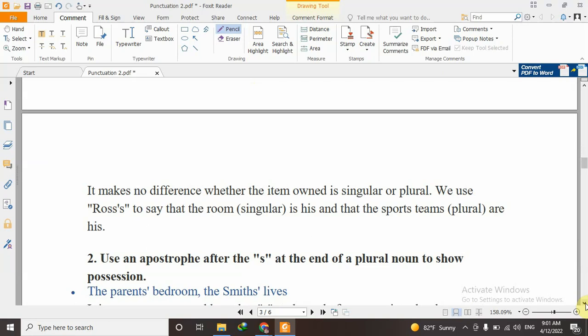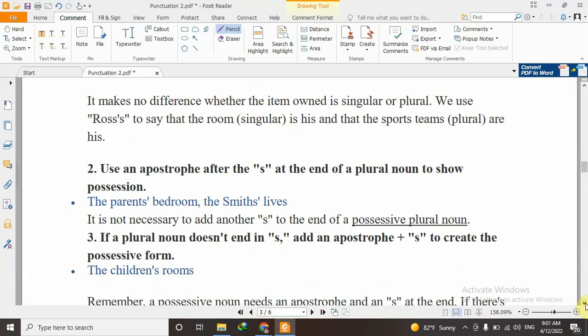Now the second rule is that we use an apostrophe after the s at the end of a plural noun to show possession.